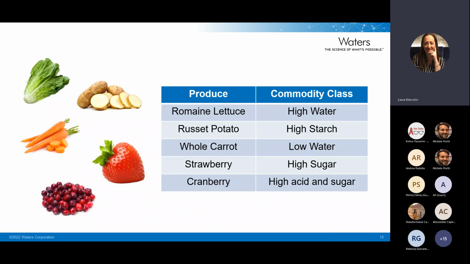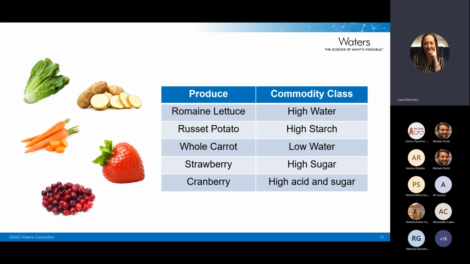In vegetables, in order to develop a robust method, usually we start by testing different kinds of commodities. Some with high water content, like lettuce, high starch with potatoes, or matrices that are acidic or rich in sugars.